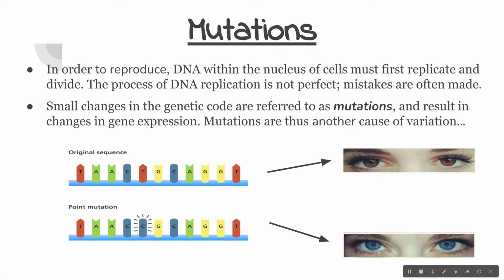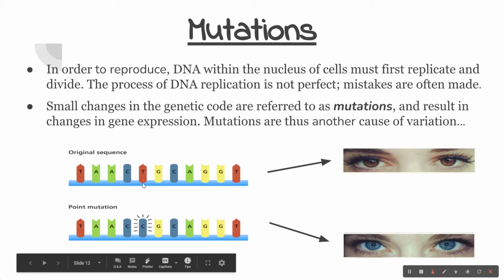The process of DNA replication is not perfect, and mistakes are often made. Small changes in the genetic code are referred to as mutations and result in changes in gene expression. So mutations are another form of variation. The original sequence here, this is your DNA, half of it anyway, produces brown eyes.